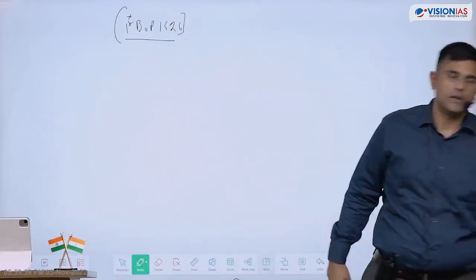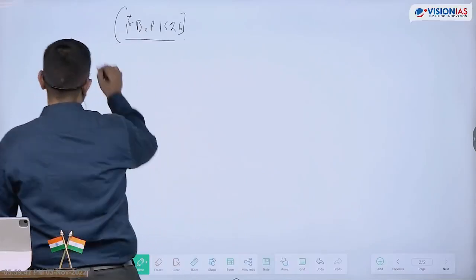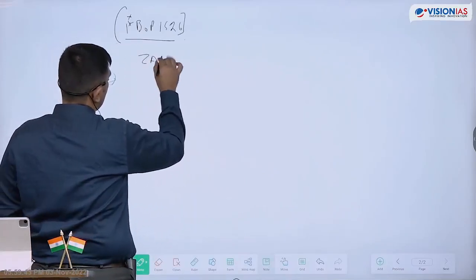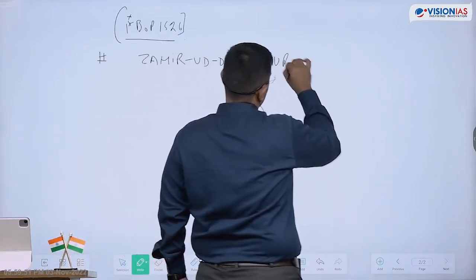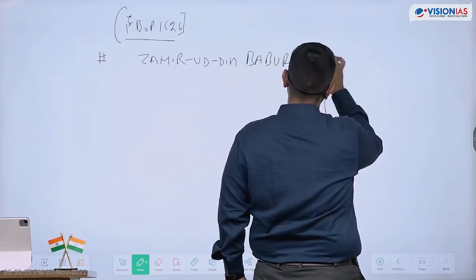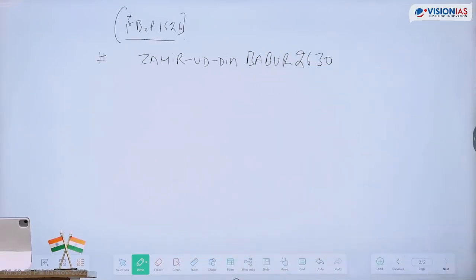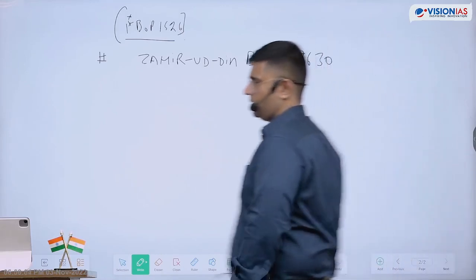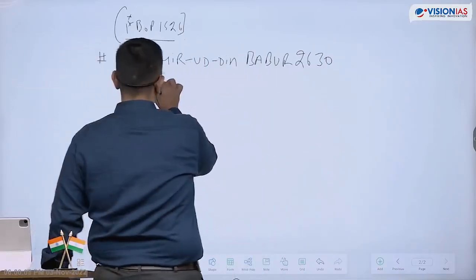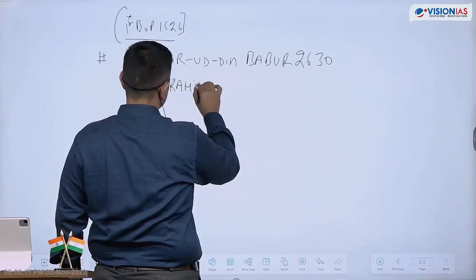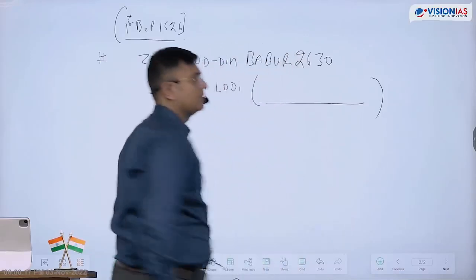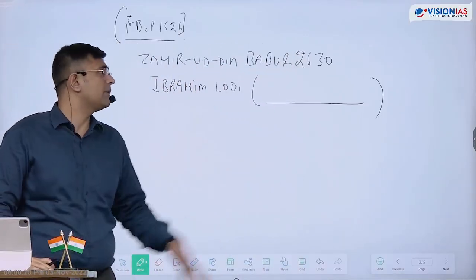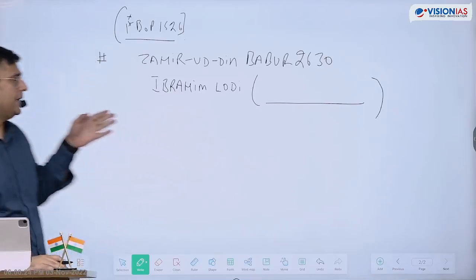Right? Short forms. Write down the first sub-point: fought between Zairuddin Babur and Ibrahim Lodi.